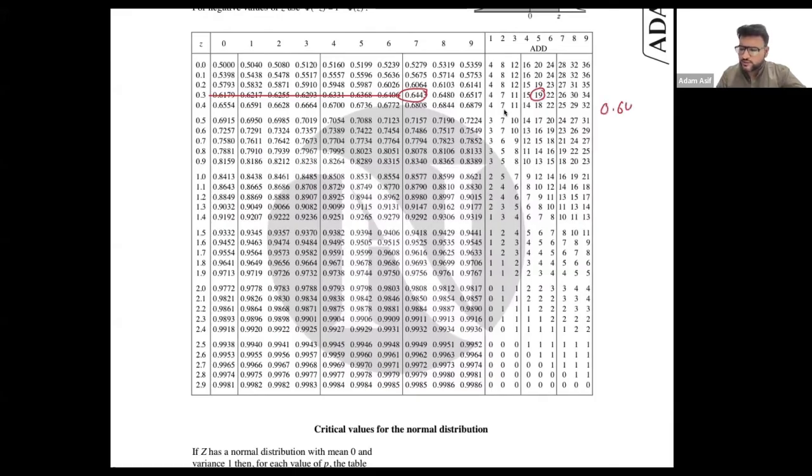So 0.6443, you're going to add 0.0019. Do you get 0.6462? 0.6462.